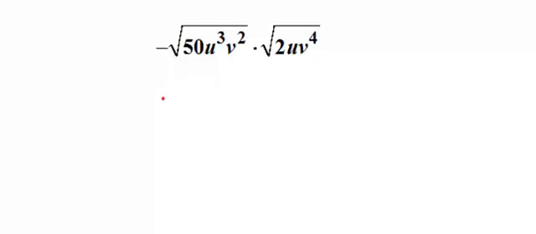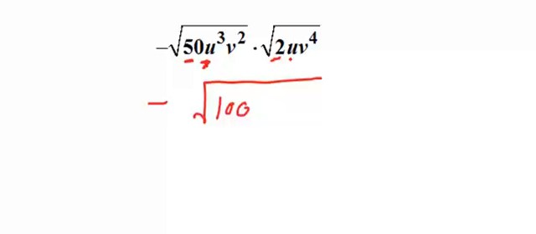This one looks nasty. We have a negative times a positive, so we're going to get a negative. They're all under radicals, so push them all together. Let's multiply the numbers first. 50 times 2 is 100. U cubed times u is u to the 4th power. V squared times v to the 4th power.